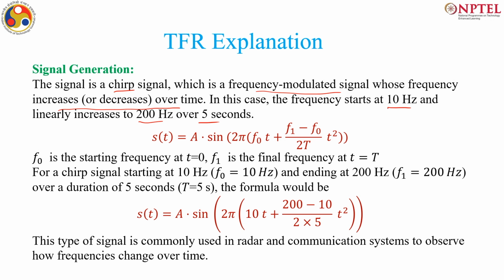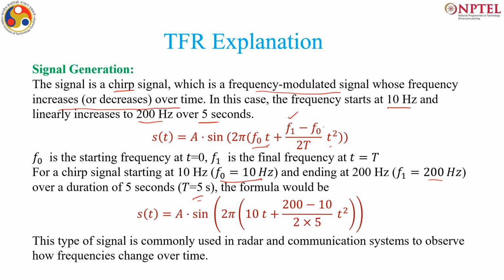So, this is the general equation of a linear chirp signal: A sin of 2 pi f naught t plus (f1 minus f naught) by 2T, where f1 is the ending frequency 200 hertz, f naught is the starting frequency 10 hertz, and T is my duration, which is 10 seconds, and this t and this t square give the instantaneous time t and t square.